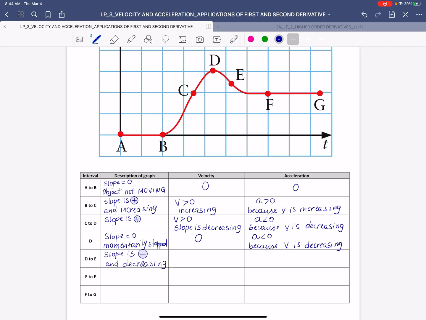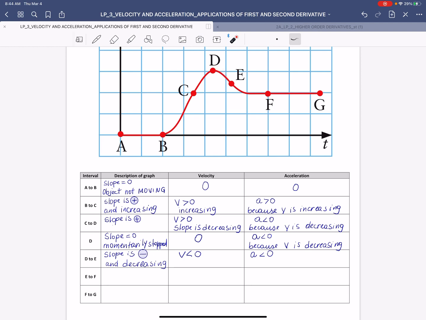Which means that the rate of change of position is negative. Or velocity is negative. And because velocity is also decreasing, we'll say that the acceleration is negative because the rate of change of velocity is negative.